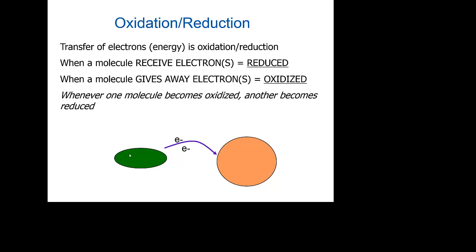So if my green guy over here is giving up electrons to the orange guy, so we are subtracting a negative electron from this guy, and we're adding a negative electron to this guy, what's going to happen to our charges?